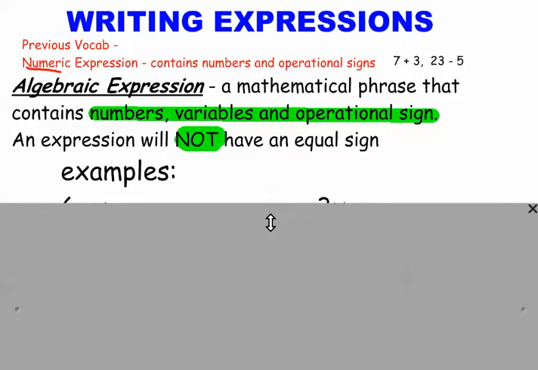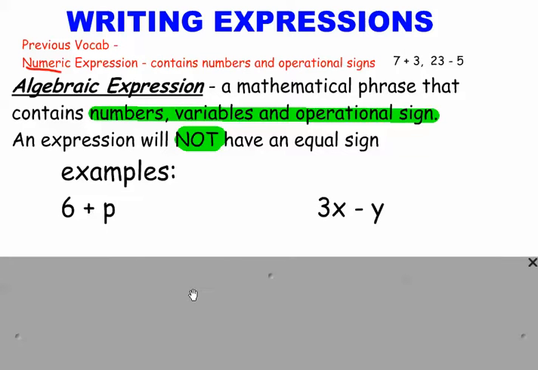An algebraic expression is a mathematical phrase that contains numbers, variables, and operation signs. All of those. The difference with an expression is it does not have an equal sign. So these are some examples of expressions. You notice there's no equal signs, but there are numbers, operation signs, and variables.